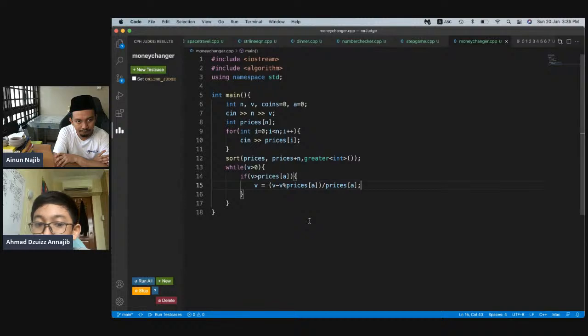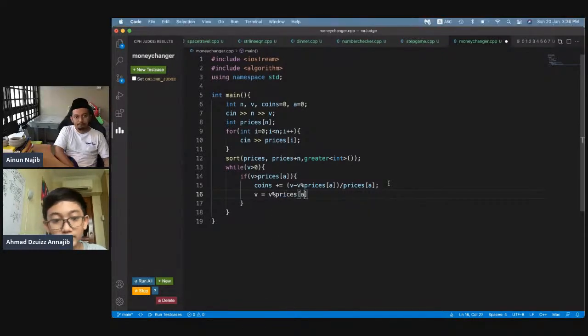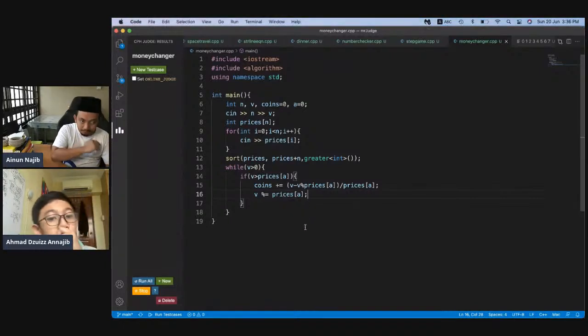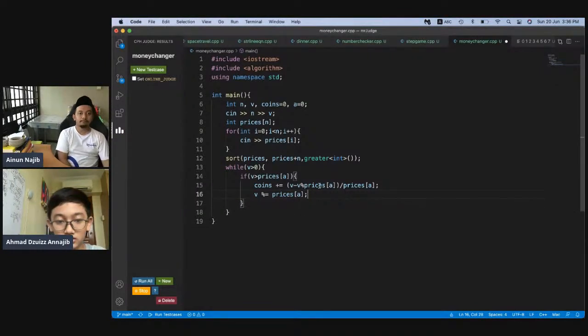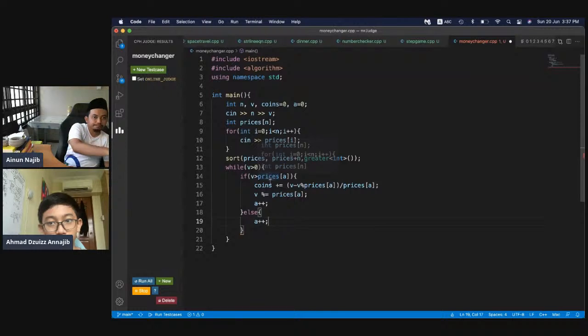Okay, something like this. Coins plus equals that, and then v equals v modulo prices[a]. Yeah, you can use modulo equal. And a plus plus anyway.